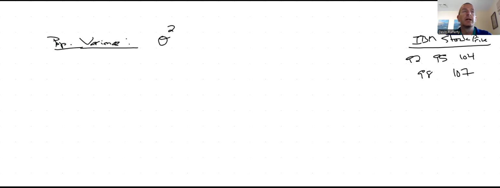And just to be clear, lowercase sigma is the population variance. Capital sigma, or uppercase sigma, you may remember, stands for summation. Okay. And that's going to be in this formula as well.